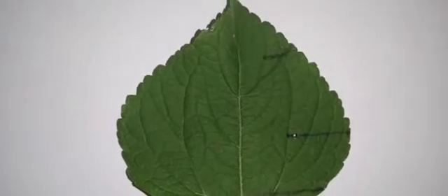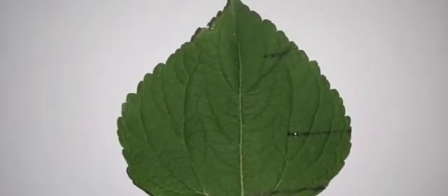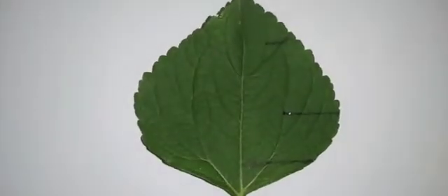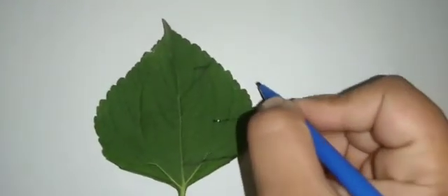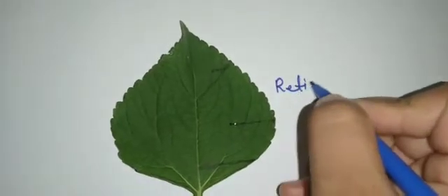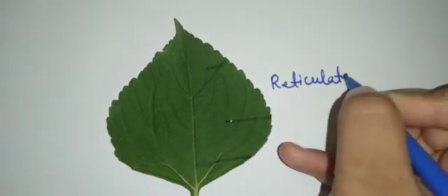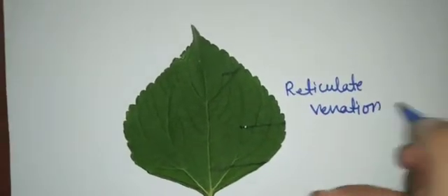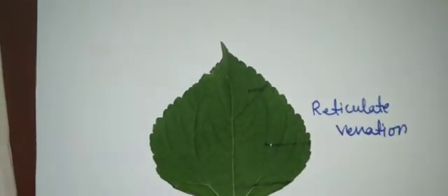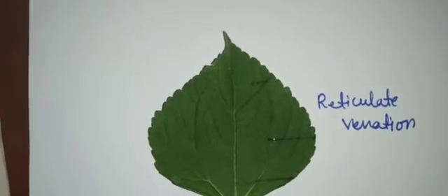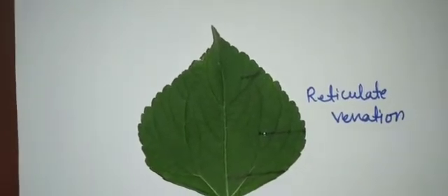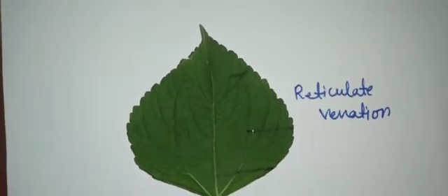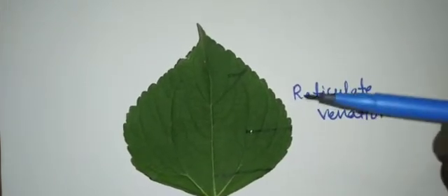So if the arrangement of veins is net-like on both sides of the midrib, then this venation is called reticulate venation. Examples for this are peepal tree and mango. So these are all examples of reticulate venation.